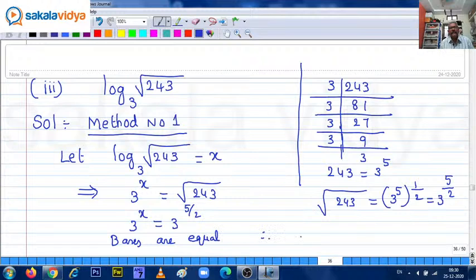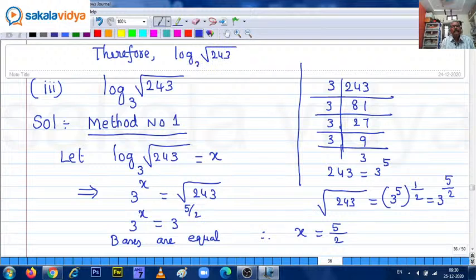So therefore x must be equal to 5 by 2. Therefore log root of 243 to the base 3 equals 5 by 2. This is the answer.